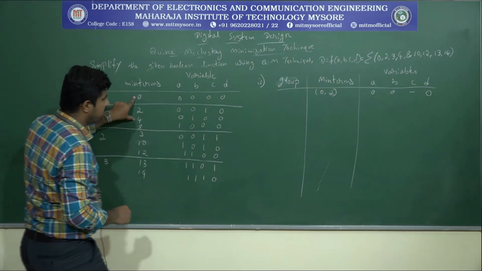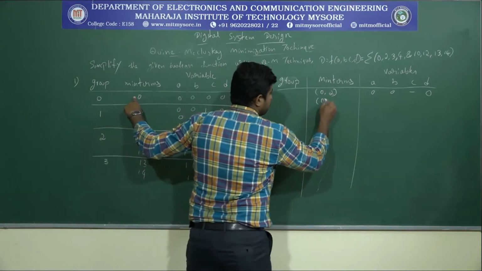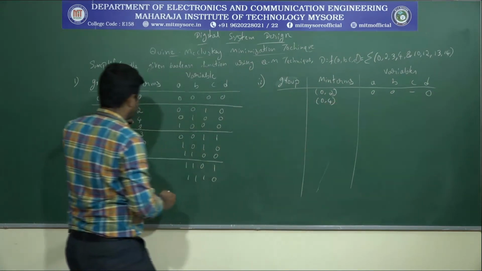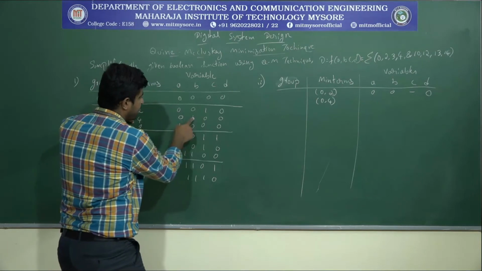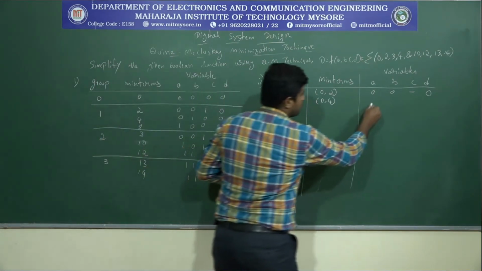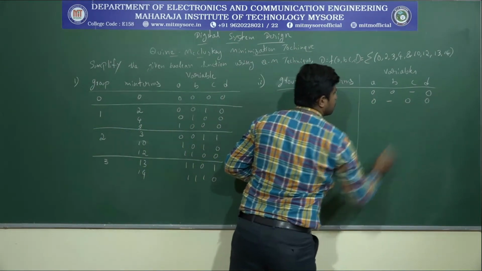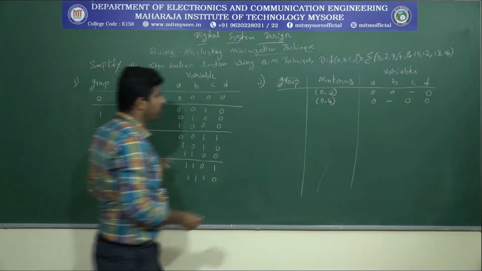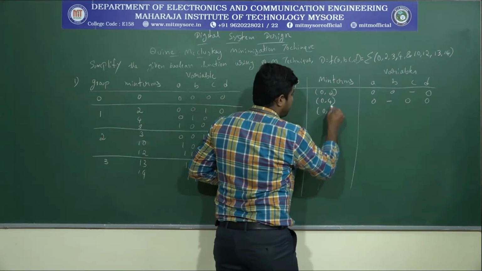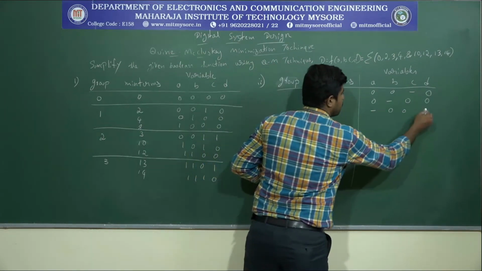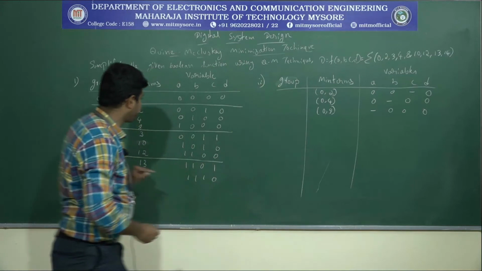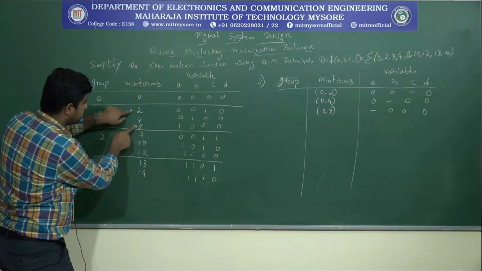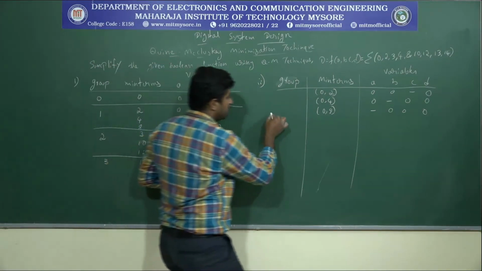Next 0, 4: yes, 0, 4 can be grouped, giving 0, dash, 0, 0. Next 0 with 8: yes, we can group 0, 8, giving dash, 0, 0, 0. This completes group 0.